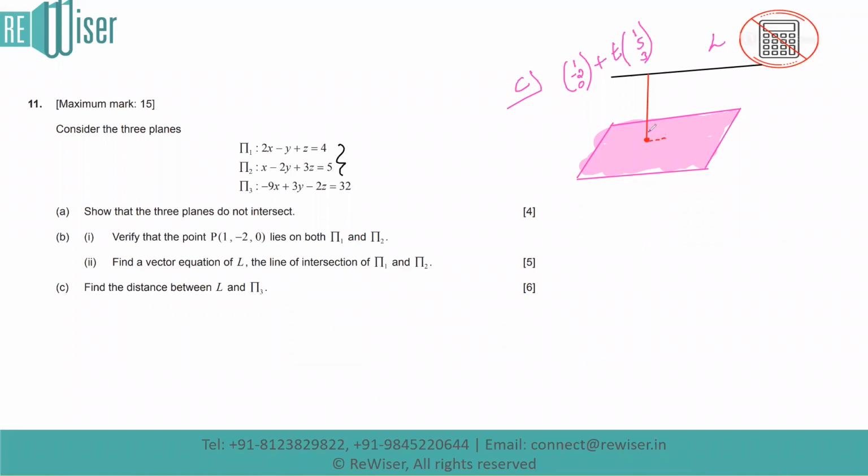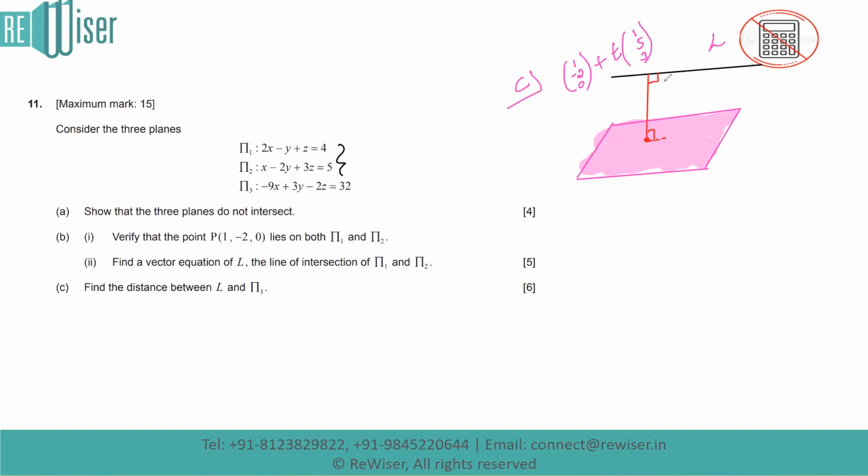So this would be the shortest distance. We will never connect these two points and call this brown line the distance. Whenever we talk about the distance between a line and a plane, it has to be perpendicular.